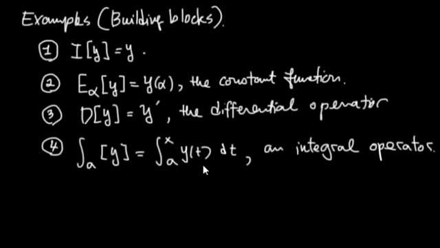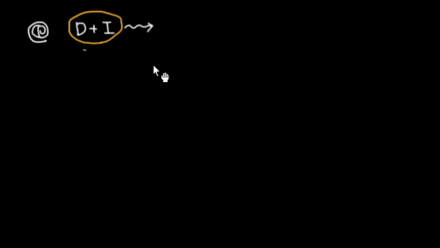Now let me explain the interaction, the algebra of these two operators I just introduced. I is the identity operator, which does nothing to the given function, and D is the differential operator. We all know what these two operators are, and I symbolized the actions, the differential operator and the do-nothing operator, using the English letters D and I, as if these two things are numbers.